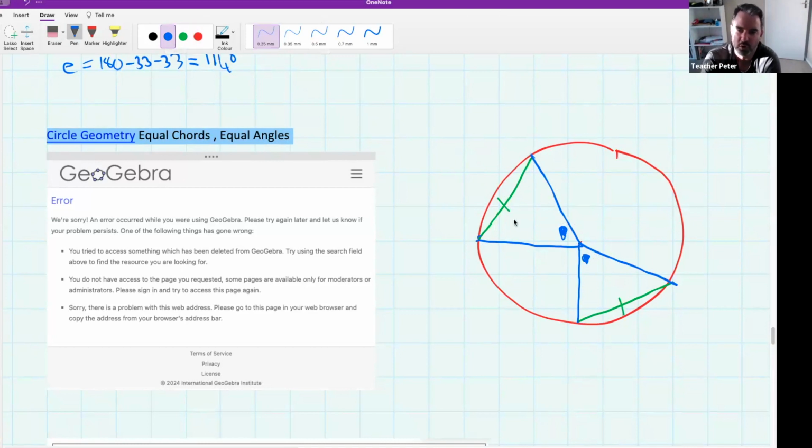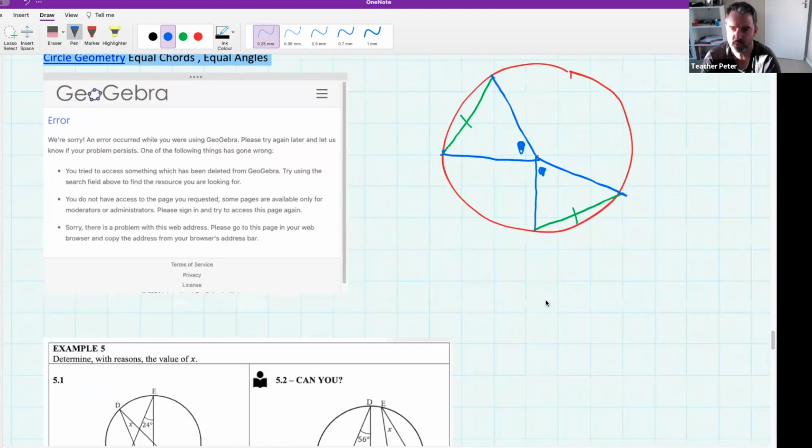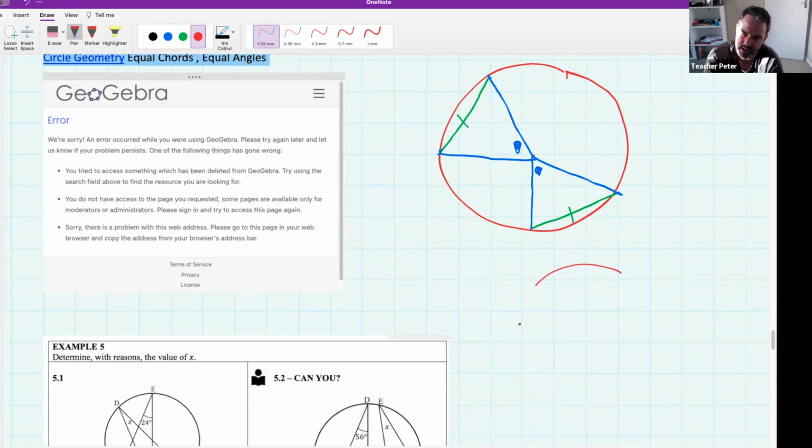Equal chords will also, and I'll draw a second one, subtend equal angles at the circumference. So let's say I had these two and they were equal.